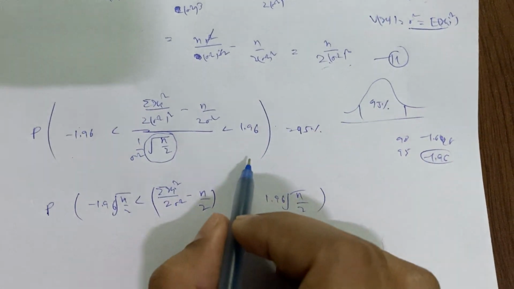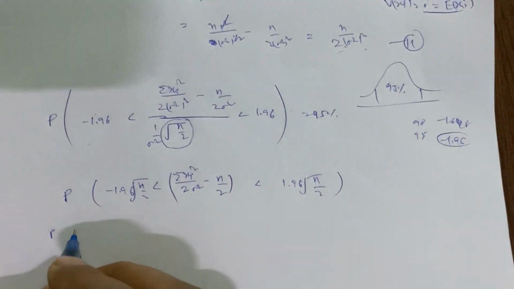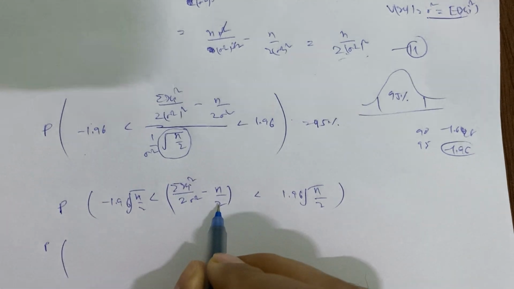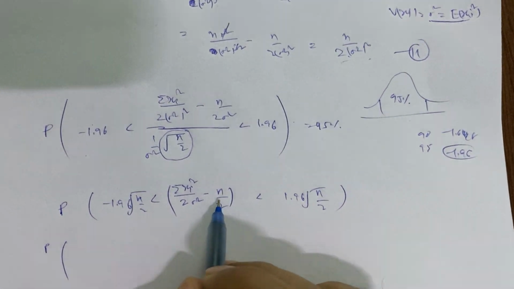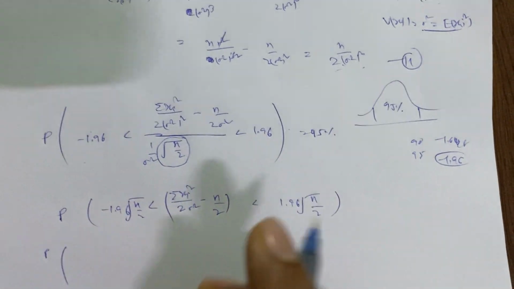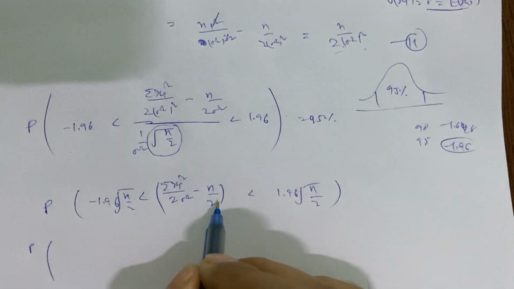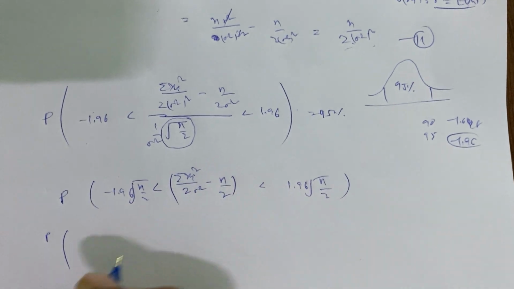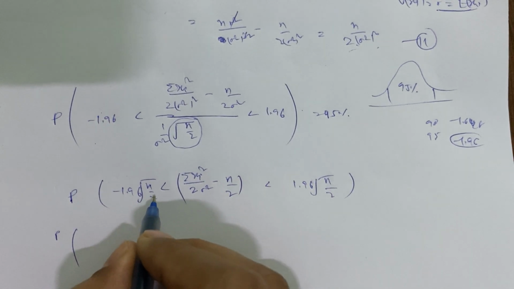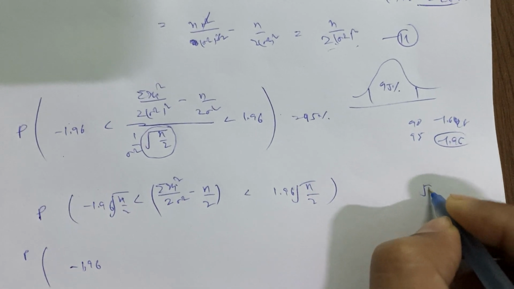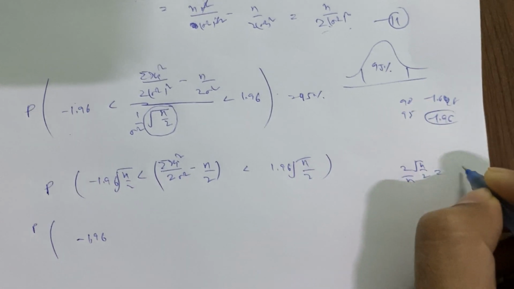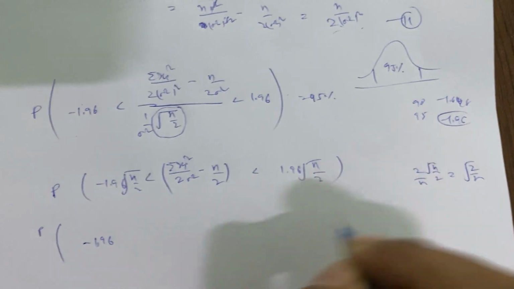Now let's consider only the left hand side expression. We can multiply the whole inequality by 2 by n. So here we will be getting 1. Let's multiply by 2 by n, then we will have minus 1.96. If we multiply the square root of n by 2 by 2 by n, we will have the square root of 2 by n.